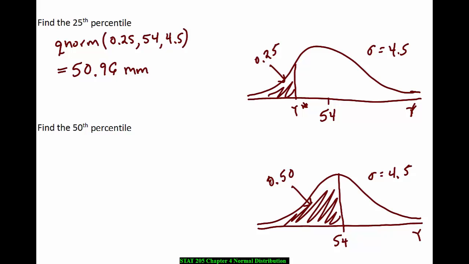So our 50th percentile is going to be 54 millimeters. I could do my qnorm function if I want, but I was just trying to illustrate that you would just know that the 50th percentile is the mean in the normal distribution. So if we were going to type it in, we would type it in that way, but it's 54 millimeters. It is the mean.